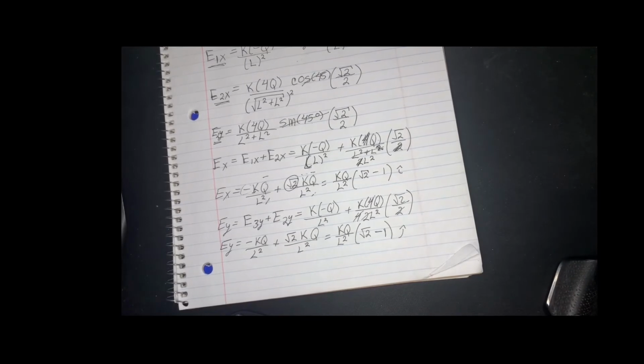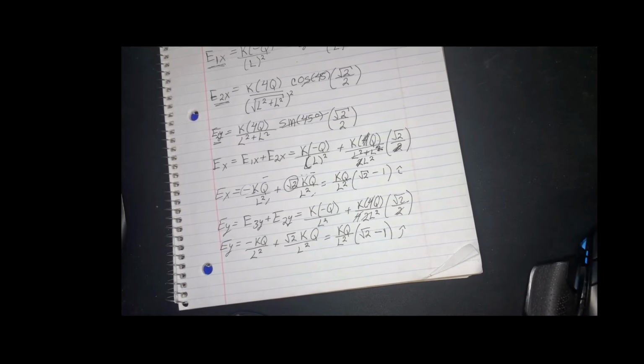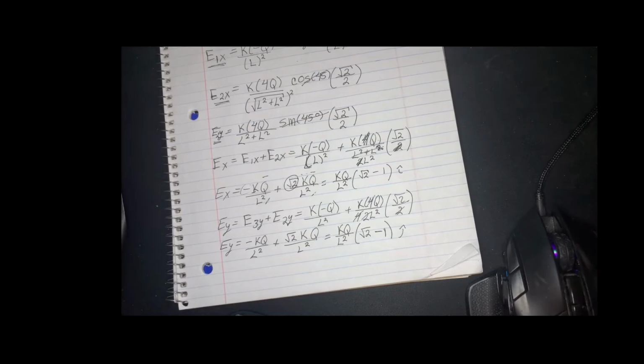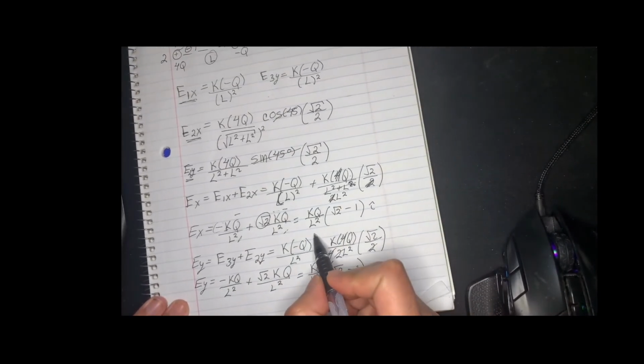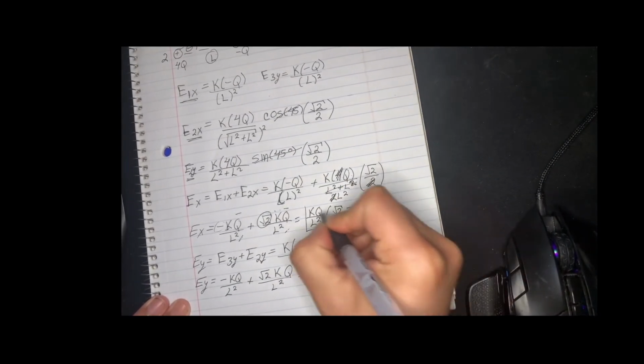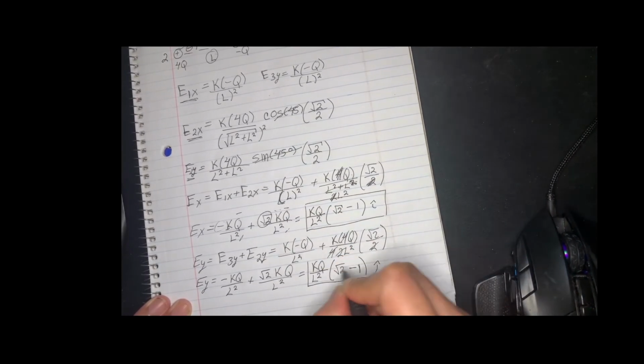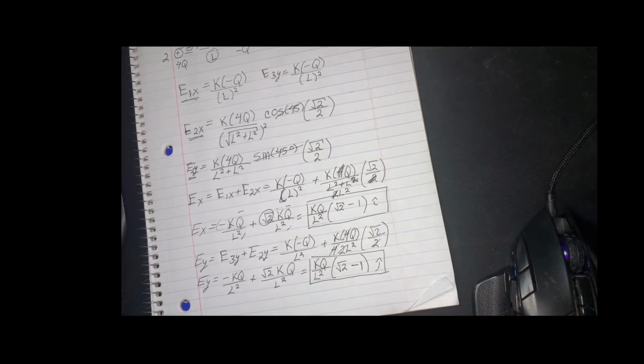And let me just write down the answer in Master in Physics to see if it works. Okay, so we had all this for the i component, this for the j component.